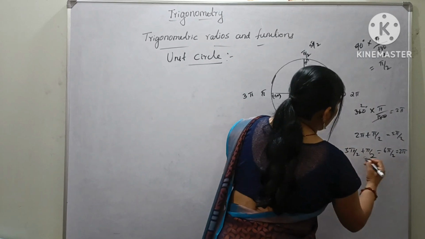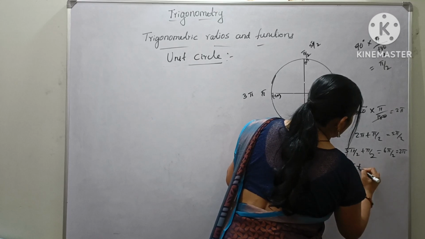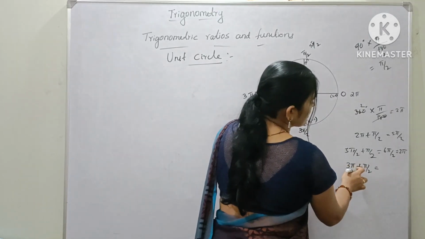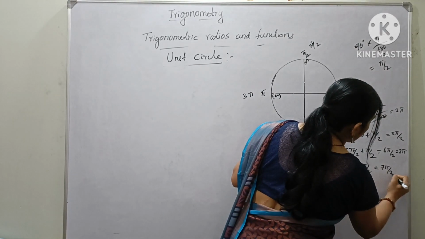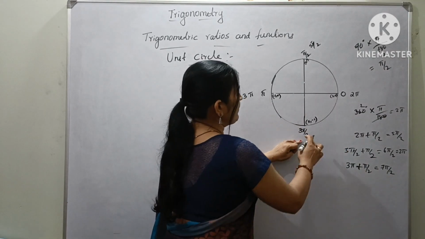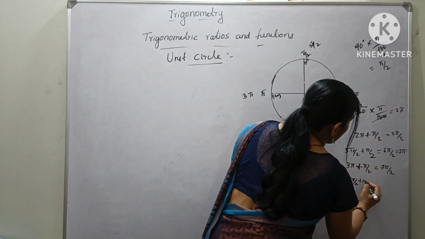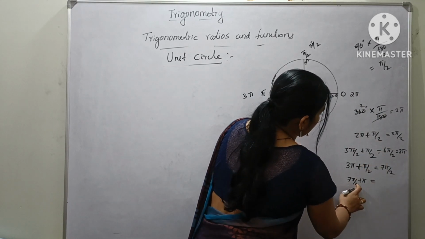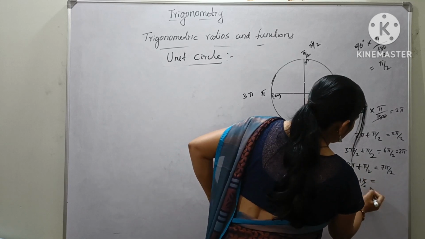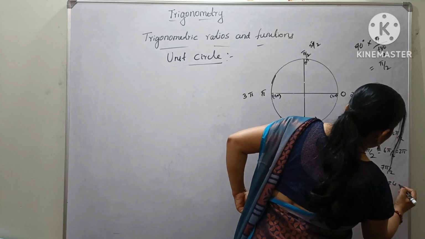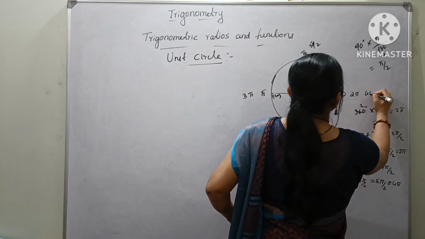Again 3 pi plus pi by 2 is 7 pi by 2. Next, 7 pi by 2 plus pi by 2 is 8 pi by 2, that is equal to 4 pi.